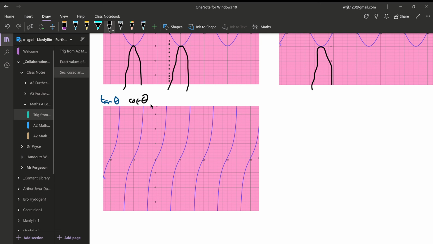And just by thinking about things in the same sort of way, every time the blue line, the tan theta line, goes through 0, that's going to be an asymptote, because I'm trying to do 1 divided by 0 and can't do it.